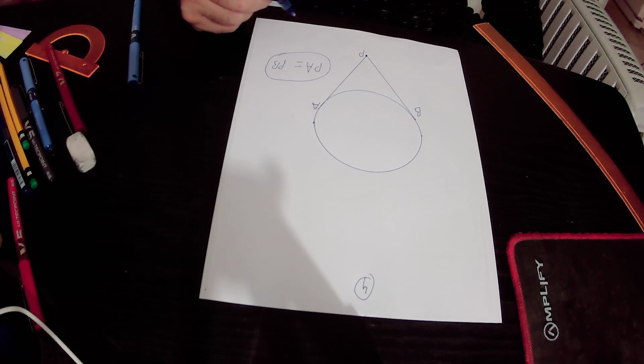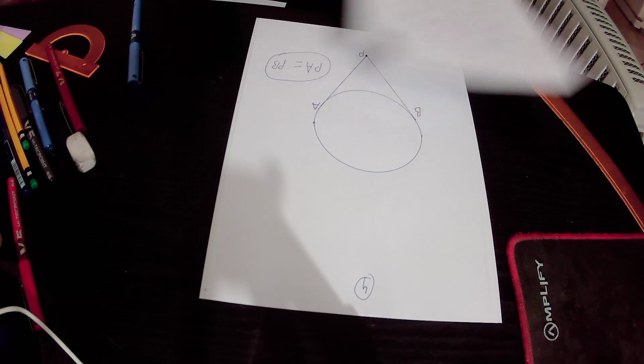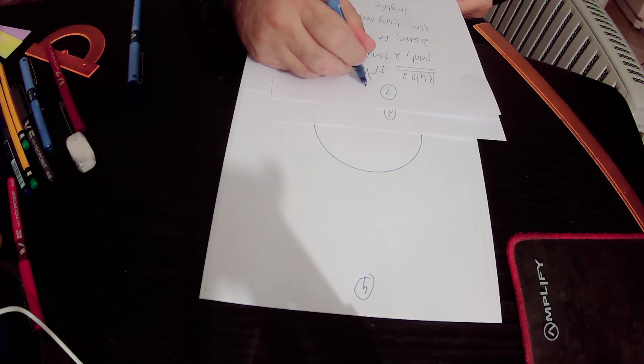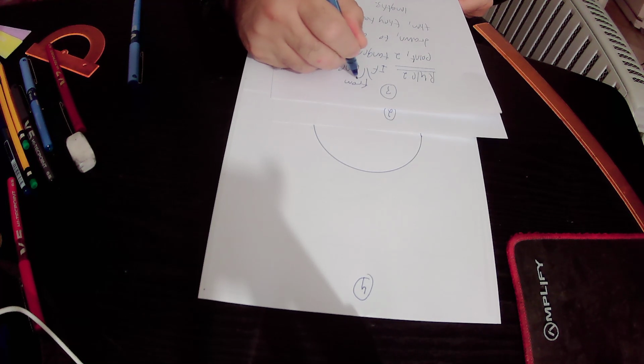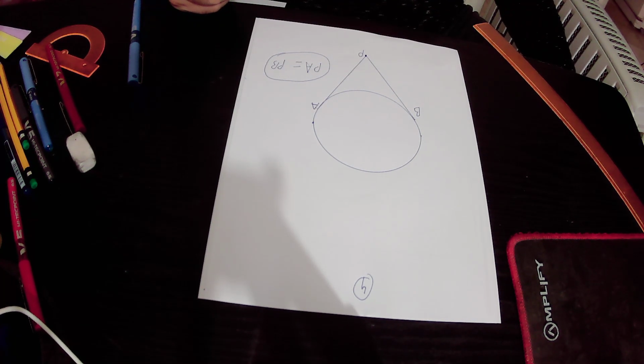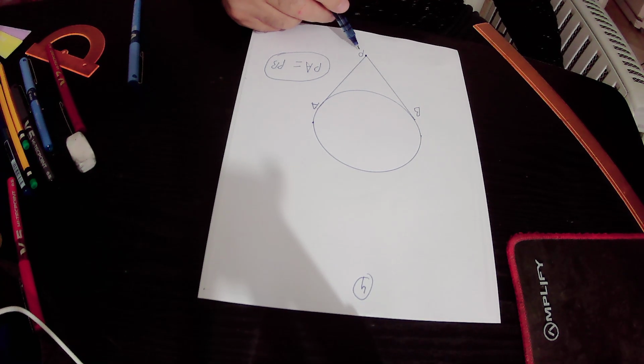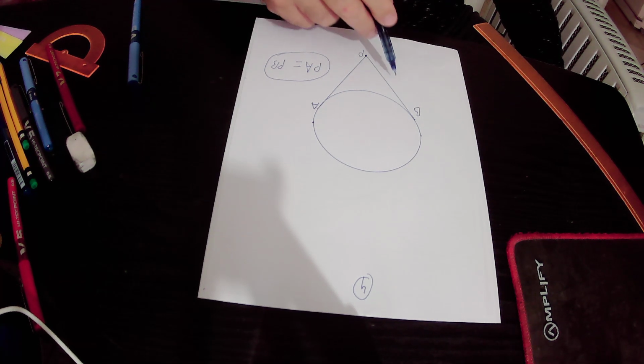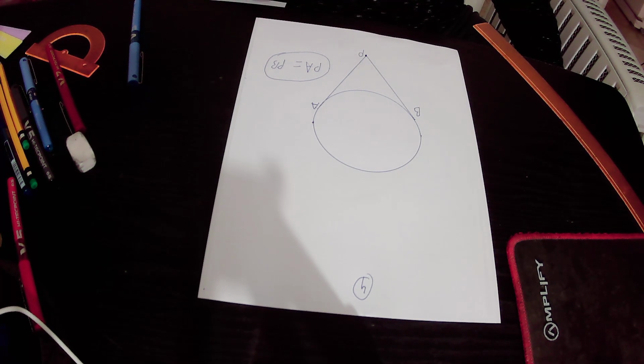Okay, I will repeat again. If from one external point P, two tangents are drawn to a circle, this is the first tangent and this is the second tangent, then they have equal lengths.